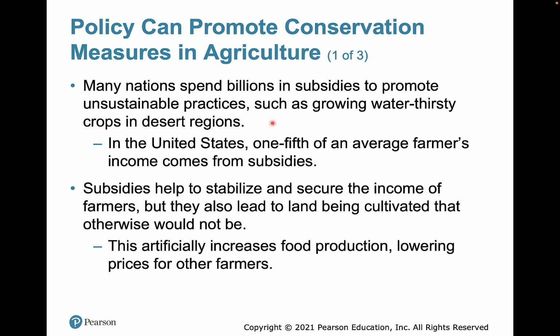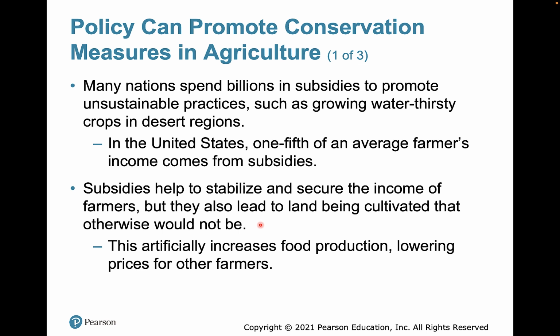A lot of nations spend a lot of money in subsidies to encourage and promote unsustainable practices, like almonds in the Central Valley in California. In the U.S., about a fifth of an average farmer's income comes from subsidies, government money.